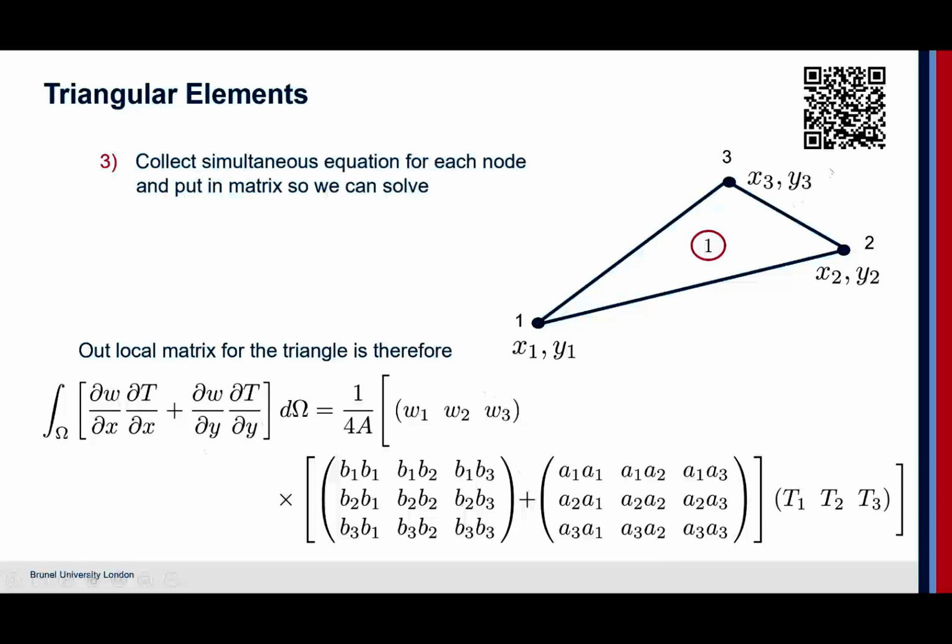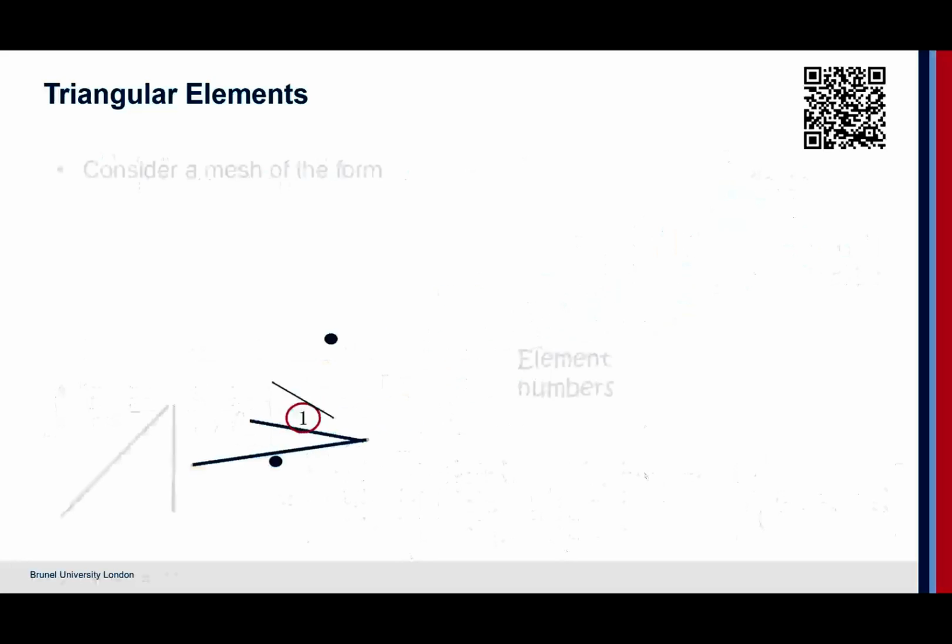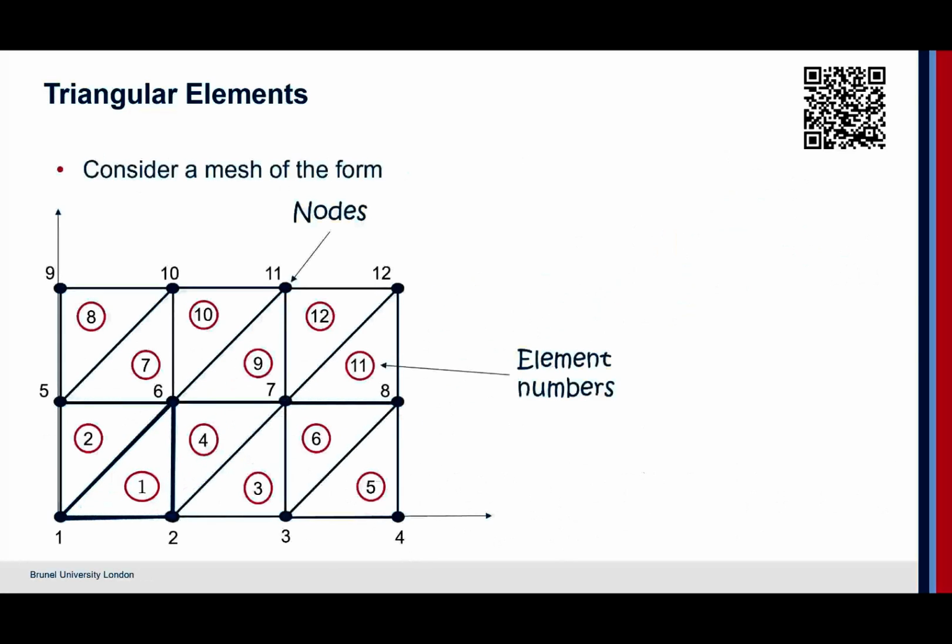So the expression for one single local triangle is basically this. So now the process is to collect that together and form a mesh for lots and lots of triangles, and then solve a set of simultaneous equations for all of those triangles. In exactly the same way, we collected together a global matrix and solved a set of simultaneous equations for individual pieces of a straight line.